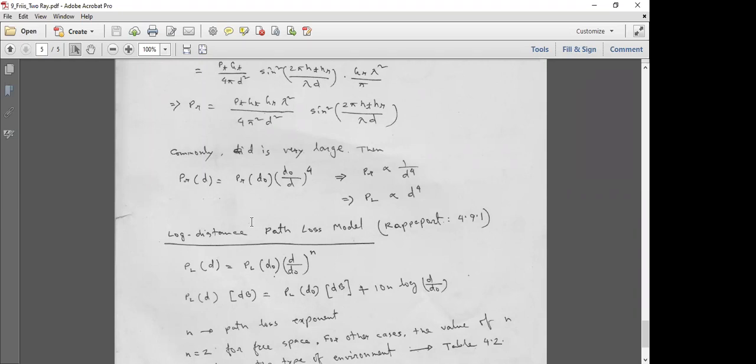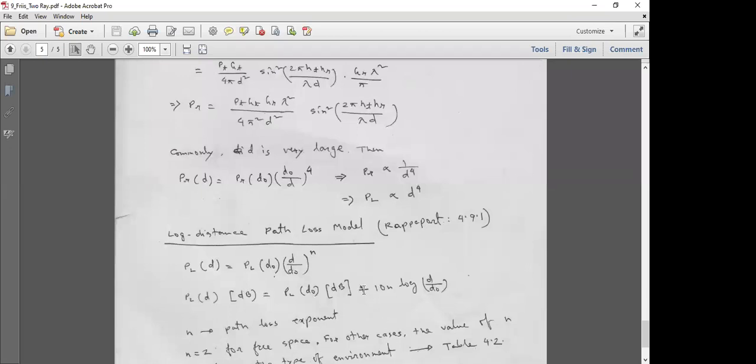If we write it down, you can write it in terms of PR or in terms of PL. If I want to write it in terms of PL, then the expressions that you use are called path loss models. The expression that you use to represent path loss or energy loss on the way is called a path loss model.